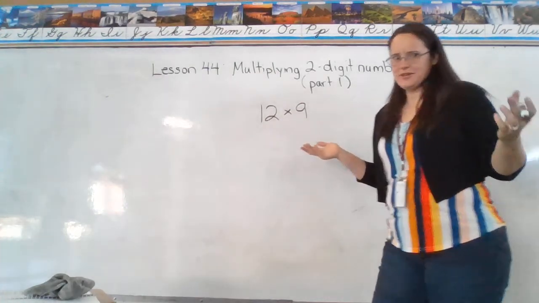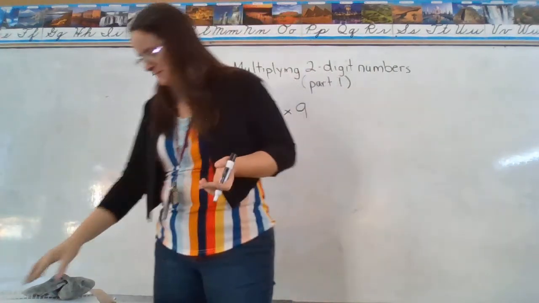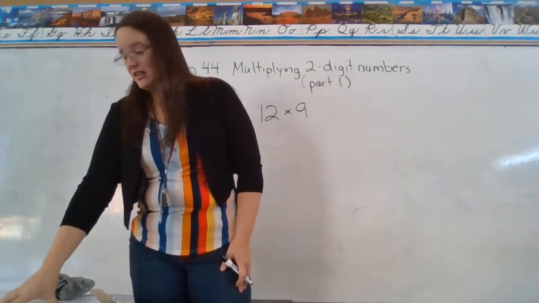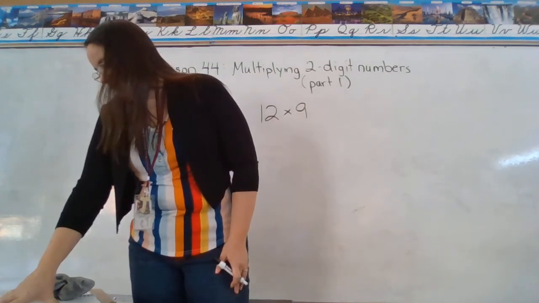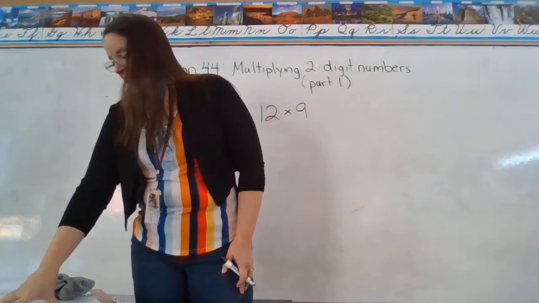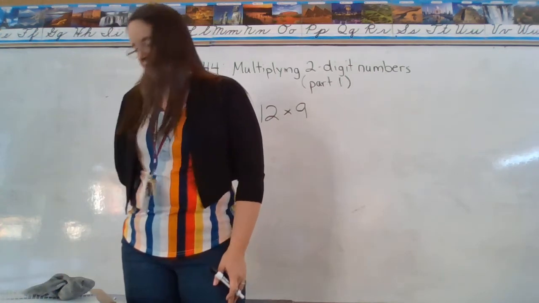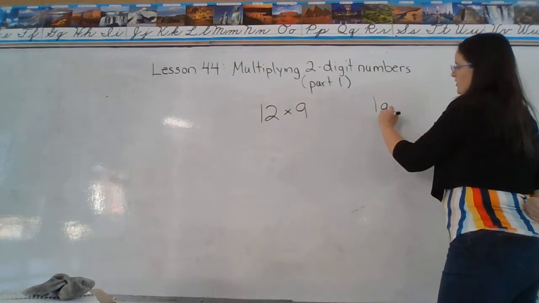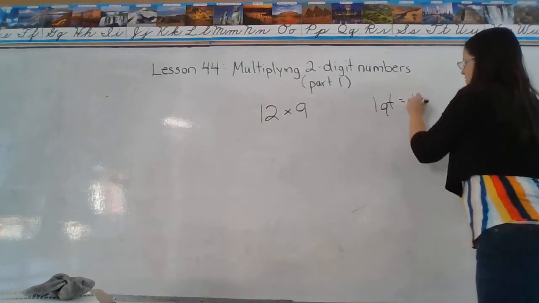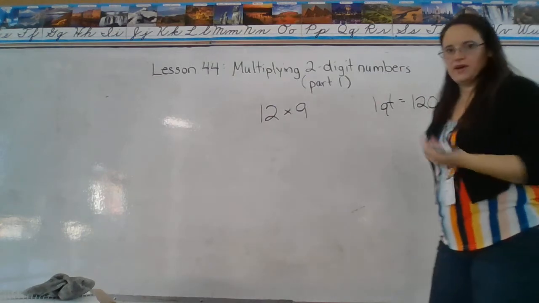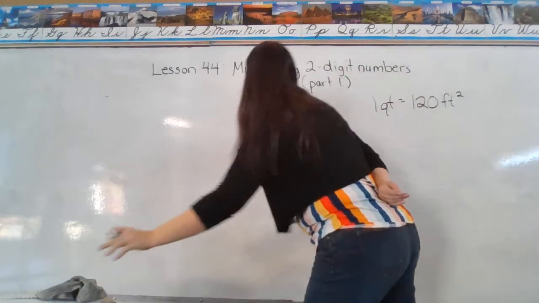Hey, that looks like we're going to multiply. We are. And the ceiling still needs to be painted a different color. Each quart of paint covers 120 square feet. Is 1 quart of paint enough to paint the ceiling? So 1 quart equals 120 square feet. Well, let's multiply and find out.